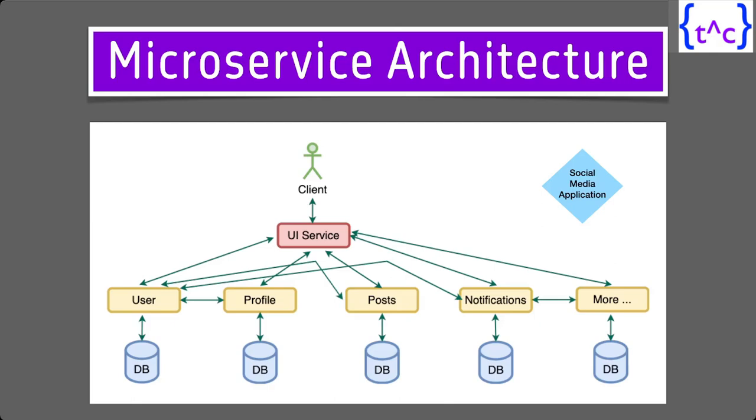For UI interfacing, there is a separate service altogether called the UI service, and further, based on the demand, the UI service will be talking to the user service. Earlier we were seeing in the blue box, user, profile, post, notification, everything clubbed inside one box. That means one application.